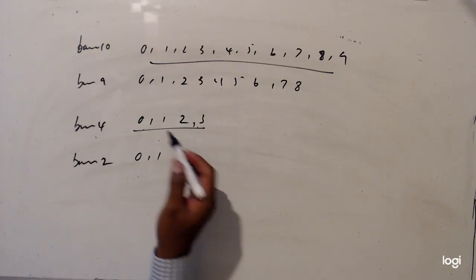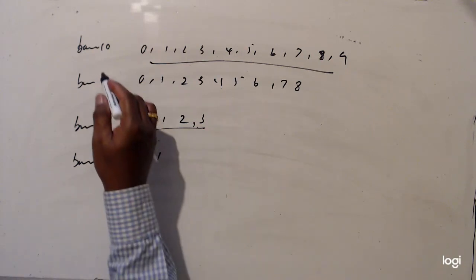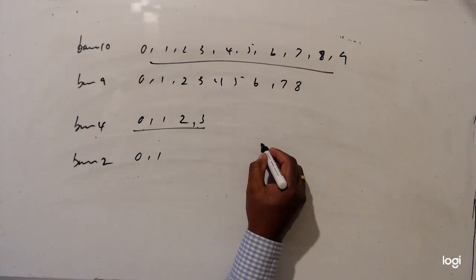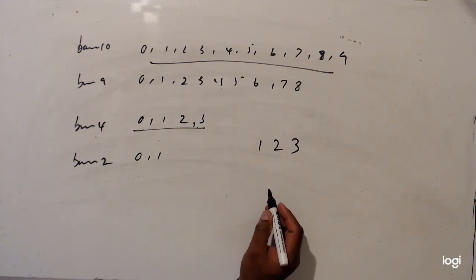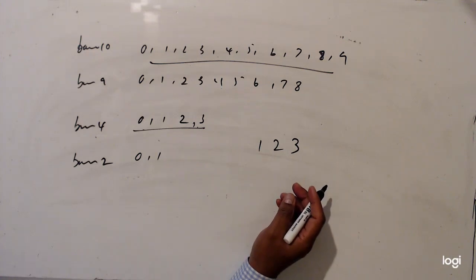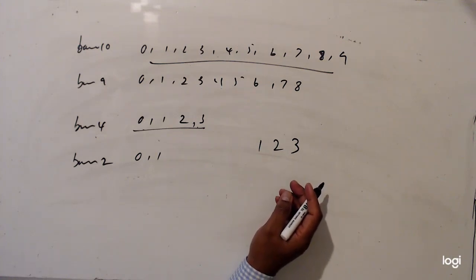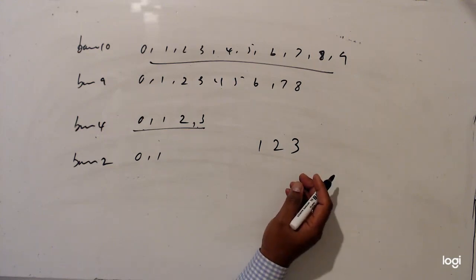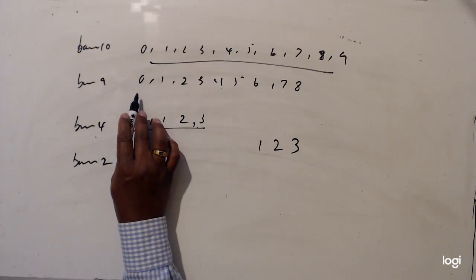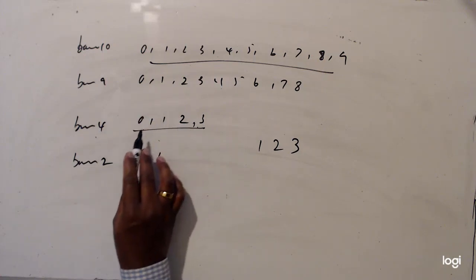For any base number, if I write usually 1, 2, 3, we refer to 123, but usually we write the base. We know this is base 10, but it is possible it can be in any base up to base 4.